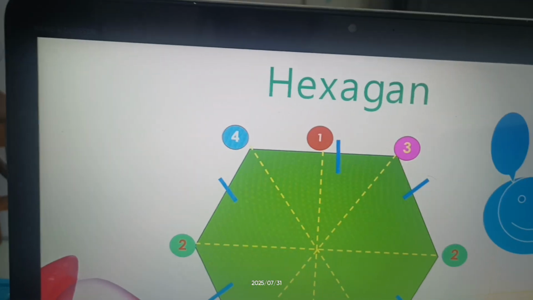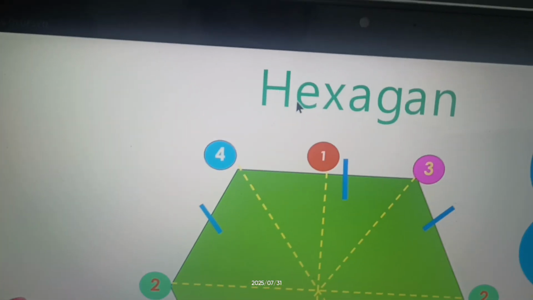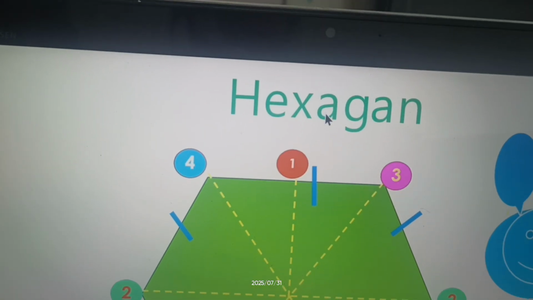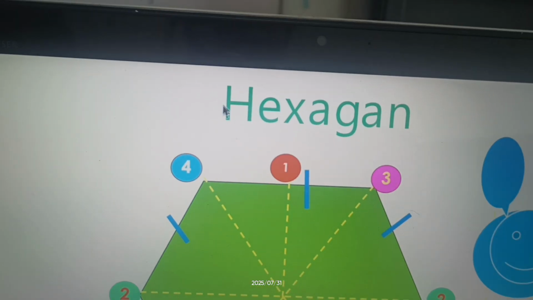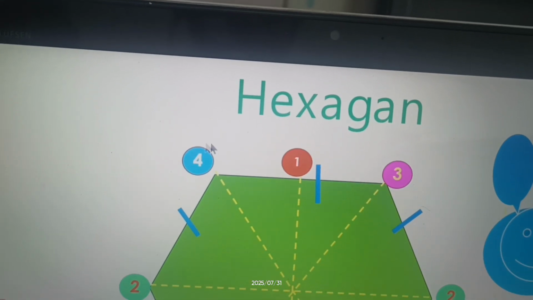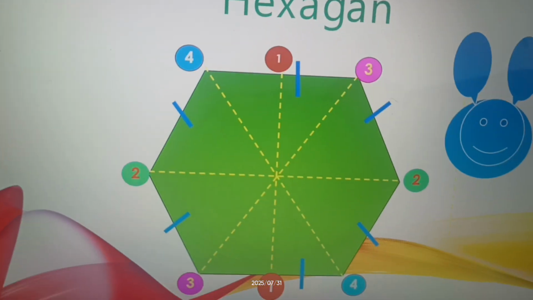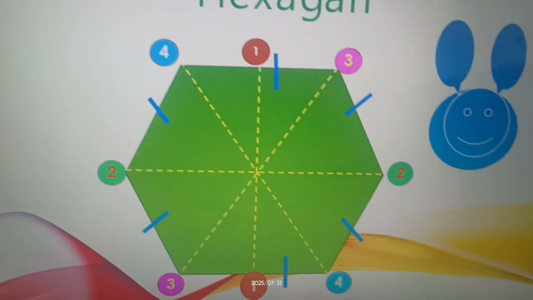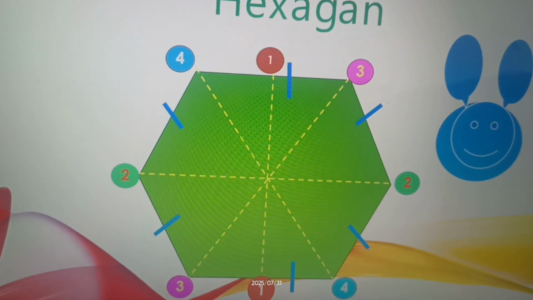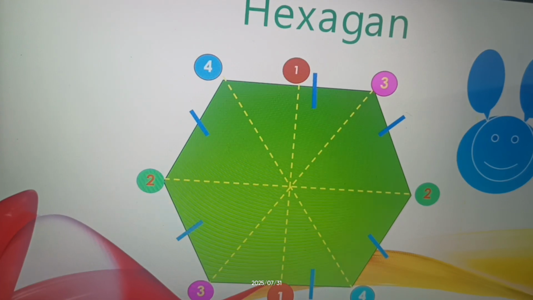Read this. Hexa. Then gon. Hexagon. Practice to write this hexagon. Then hexagon also you have to draw symmetrically. There are 6 sides. Hexa means 6.